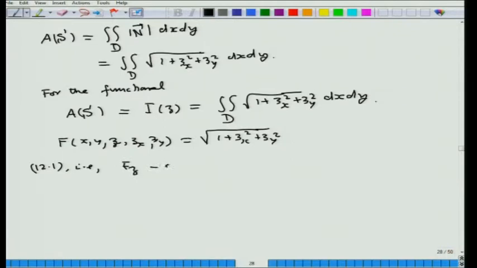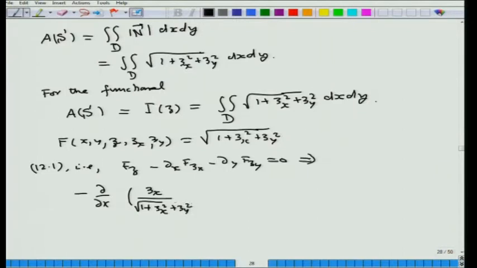f_z minus del_x f_{z_x} minus del_y f_{z_y} equal to 0, implies that minus del by del x of this thing, 1 over. So here the 2 will cancel: z_x over square root of 1 plus z_x squared plus z_y squared.